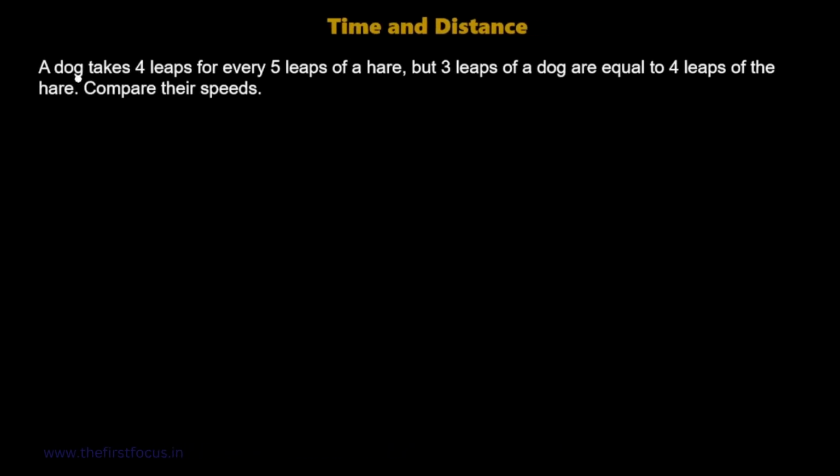Our next question is, a dog takes 4 leaps for every 5 leaps of a hare, but 3 leaps of a dog are equal to 4 leaps of the hare. Compare their speeds. Let us take the leap of a dog be x and the leap of the hare be y. Yes, the comparison is made as 4 leaps of a dog to 5 leaps of a hare.